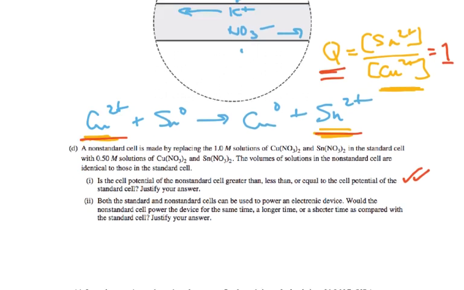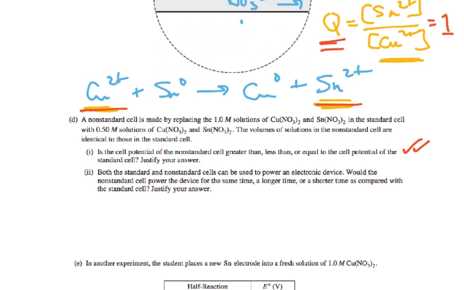Now the last little part says both the standard and non-standard cells can be used to power an electronic device. So this is the battery. We can use it to do something. Would the non-standard cell power the device for the same time, a longer time, or a shorter time as compared with the standard cell? Justify your answer.